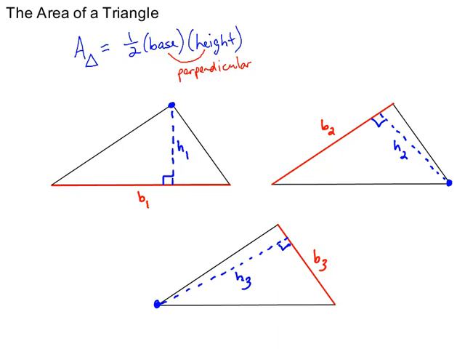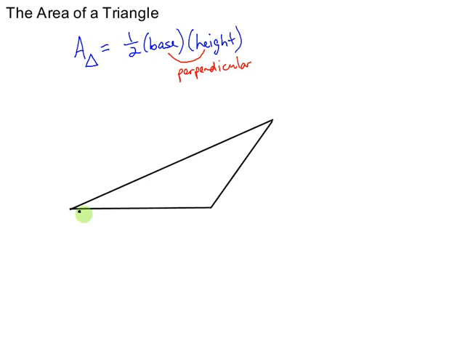Let's take another example. Here's a triangle. Let's say that this side, the bottom, is the base. Let's choose the natural choice. If this is the base, then how would you measure the height? Well, this one's a bit trickier because of this obtuse angle. The point furthest away from your base is actually this vertex over here, which doesn't lie over your base.